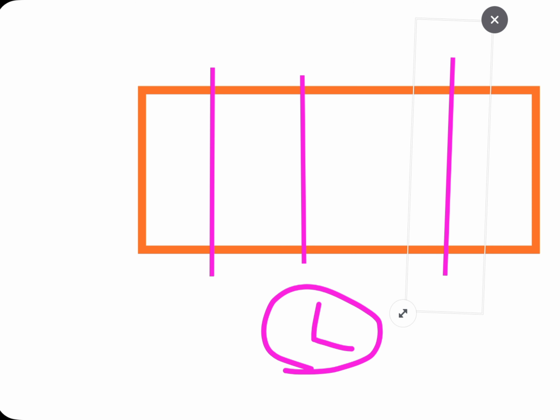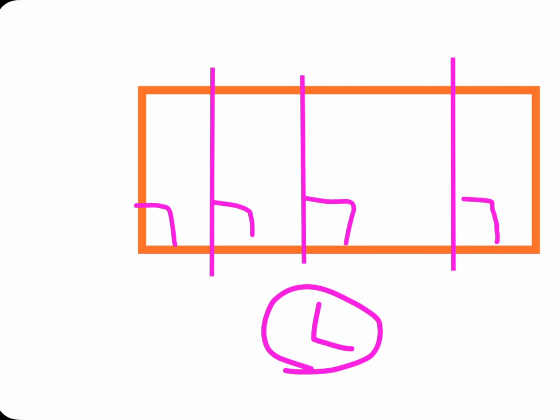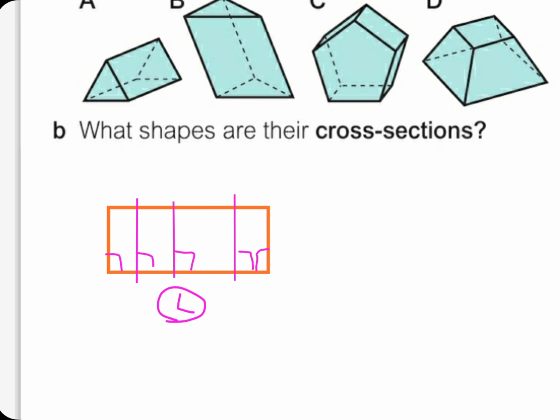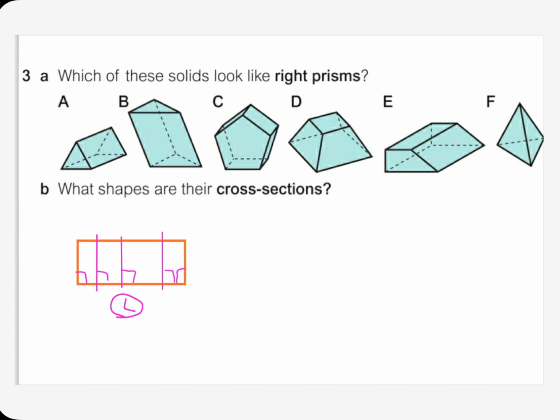So each cross section is at a right angle, even the beginning and the end of the prism are at a right angle to the length. In this case, we call this prism a right prism, hence the name. Now let's take a look at another one. As we said, A is a right prism, so we put a tick next to it, or we make a circle.